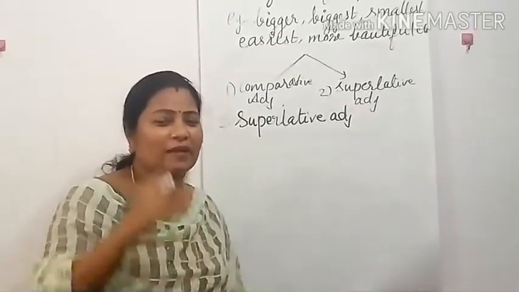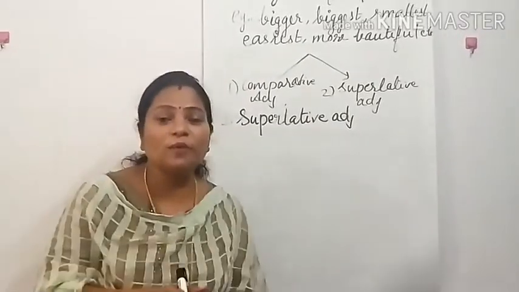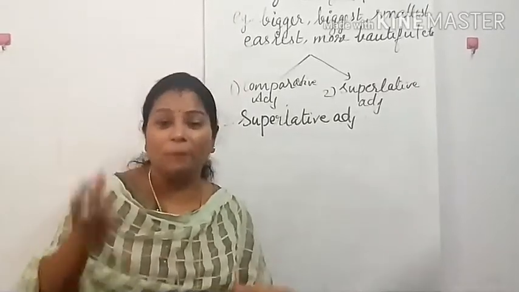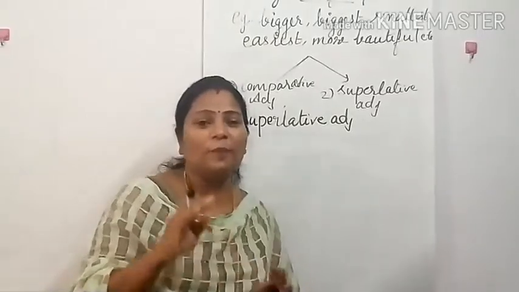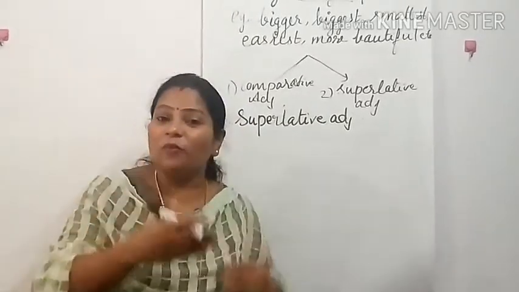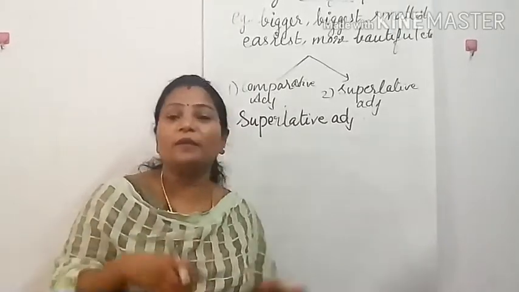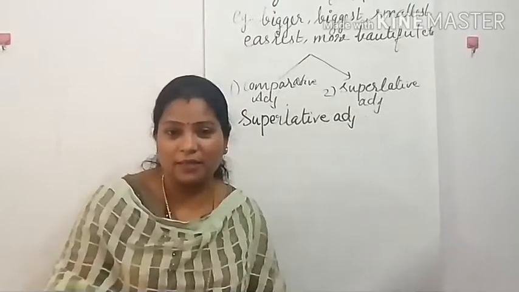Okay, comparing one thing with three or more similar things. But they should be similar. Maybe you are comparing one person with so many other persons, or you are comparing a thing with so many other things.